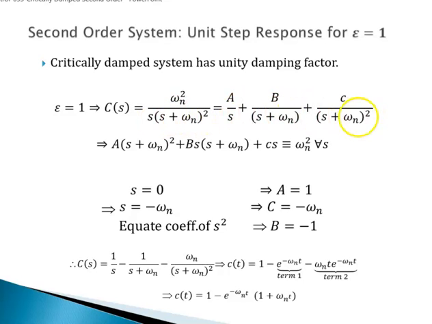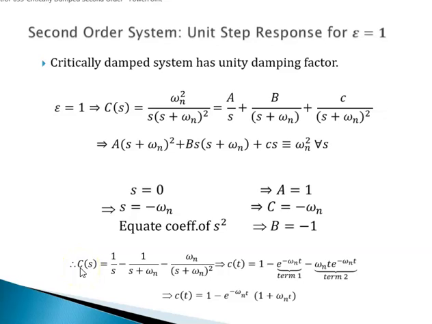We split again using partial fractions as given over here, and we get the value of a equal to 1, c equal to minus 1, and b is minus 1, because if you equate coefficients of s square, you have a s square here, you have b s square here. So a plus b, there is no s square term. A plus b is equal to 0, so b is minus a, which is minus 1.